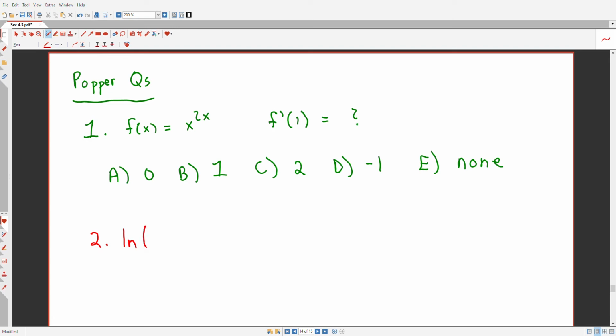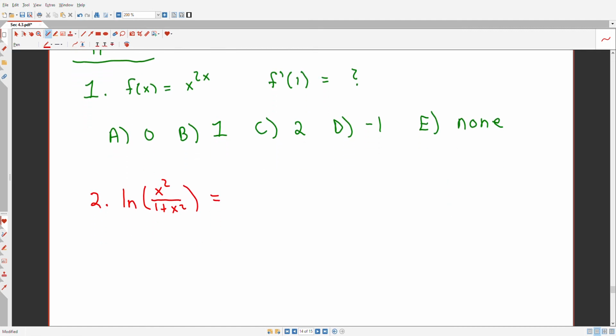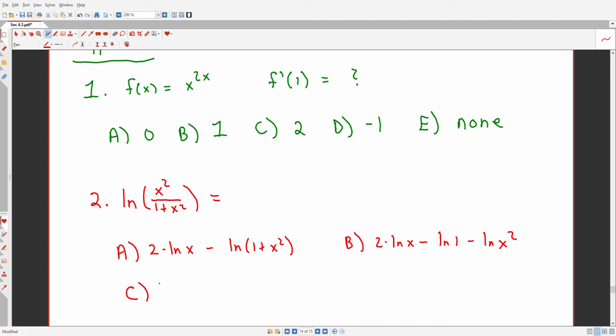The natural log of x squared divided by 1 plus x squared has to equal: a, 2 natural log of x minus natural log of 1 plus x squared; b, 2 natural log of x minus natural log of 1 minus natural log of x squared; c will equal natural log of 1 plus x squared minus 2 natural log of x; and d will just say none of the above.